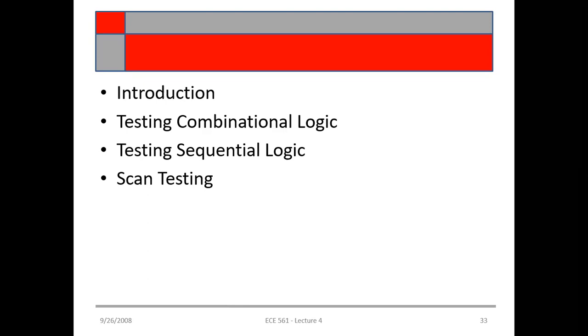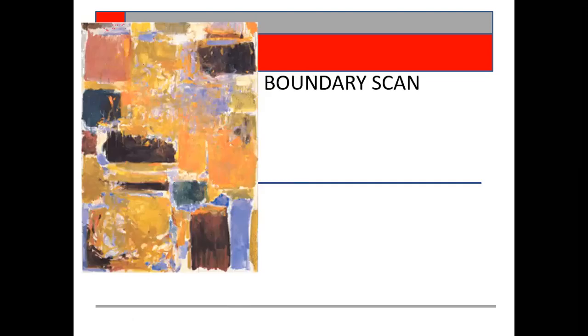One type of scan test is boundary scan testing. Firstly, scan test means we apply values to the flip-flops in a sequential form, like a shift register input.